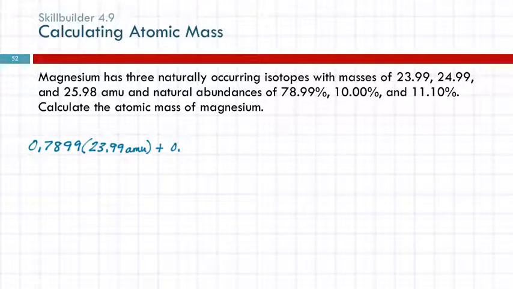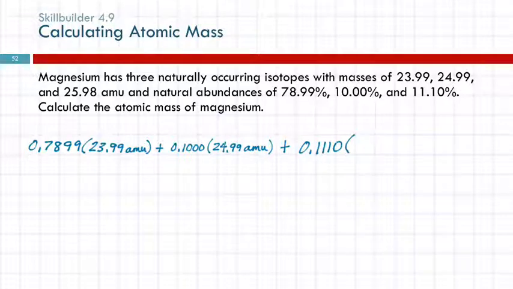So we're going to take that and make it into a fraction by dividing by 100, times the mass of that isotope. And the third isotope accounts for 11.1%. So dividing that by 100, 0.1110 times the mass of that isotope, 25.98 atomic mass units.